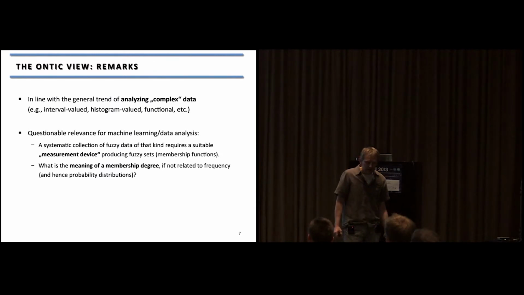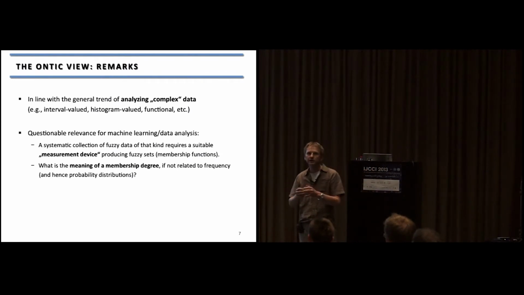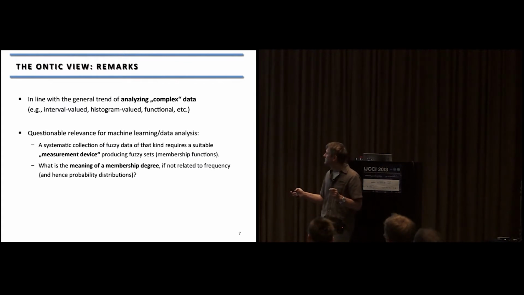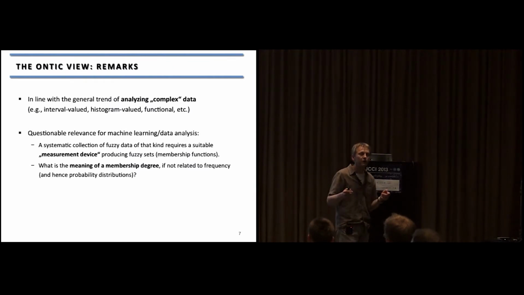Now, if people speak about fuzzy machine learning, somehow a merger of fuzzy logic and machine learning, what they typically have in mind is to induce what they call fuzzy models from standard data, that is from crisp data, from non-fuzzy data.